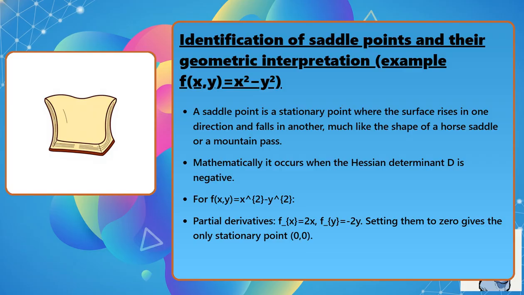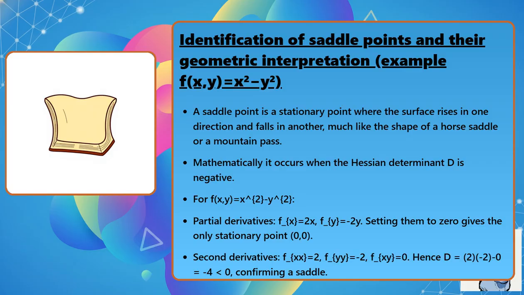Setting them to 0 gives the only stationary point 0, 0. Second derivatives: f sub xx equals 2, f sub yy equals negative 2, f sub xy equals 0. Hence D equals 2 times negative 2 minus 0 equals negative 4, less than 0, confirming a saddle.